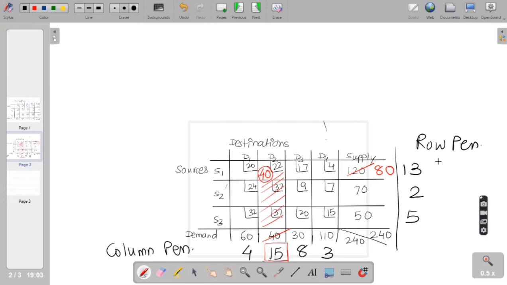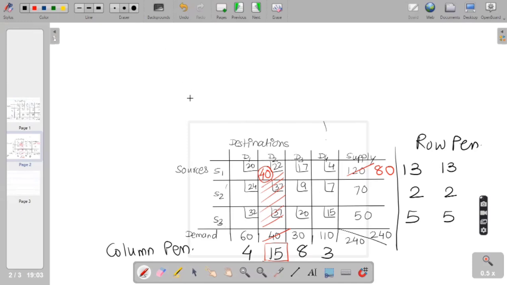The next penalty set, row penalties, again the same logic. So the first row, again 4 is the smallest cost, 17 is the next smallest cost, and the difference is 13. Second row also remains same. Third row remains same.